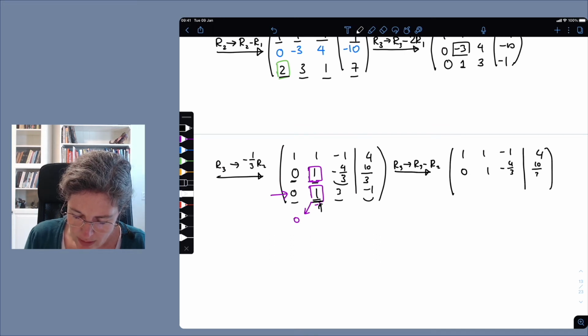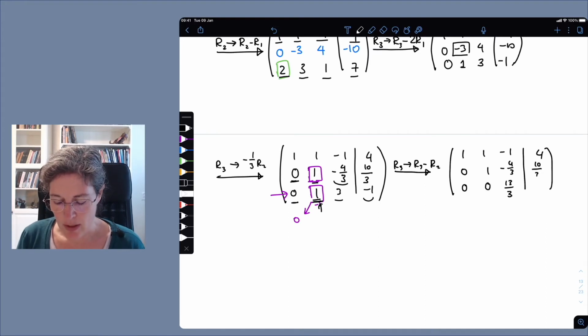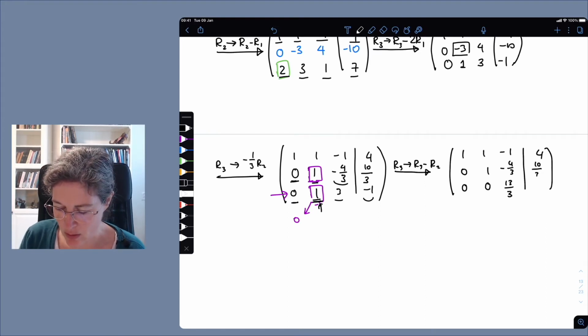And in row 3 we get 0 minus 0, which is 0. 1 minus 1, which is 0. 3 minus minus 4/3, which is 3 plus 4/3, which is 13/3, and minus 1 minus 10/3, which gives us minus 13/3.